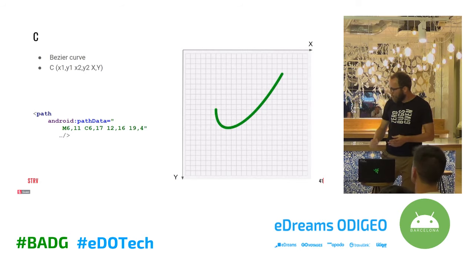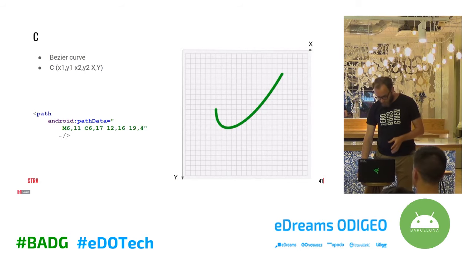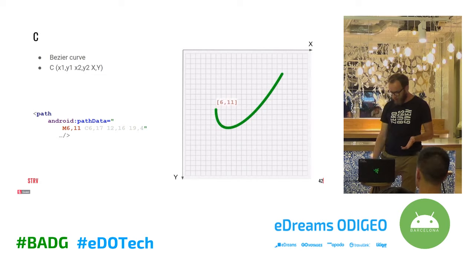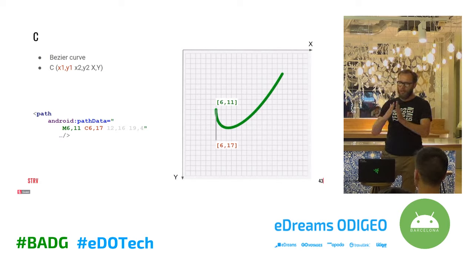And what we define here is, as before, we start at the same point, but then we define a so-called handle. And a handle is something that defines which direction the curving will go and how strong it will be, basically, in simple words.